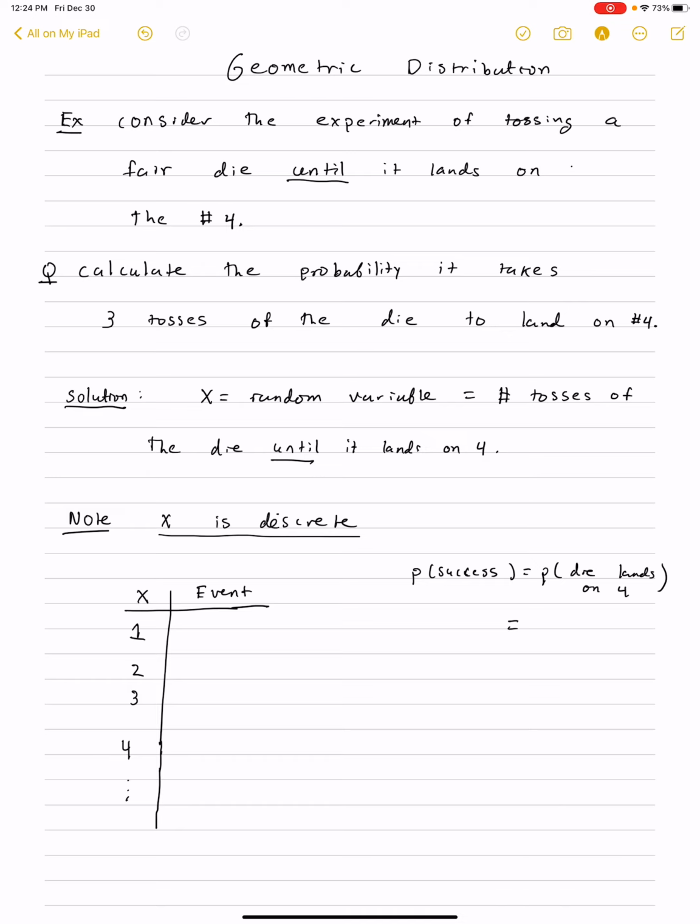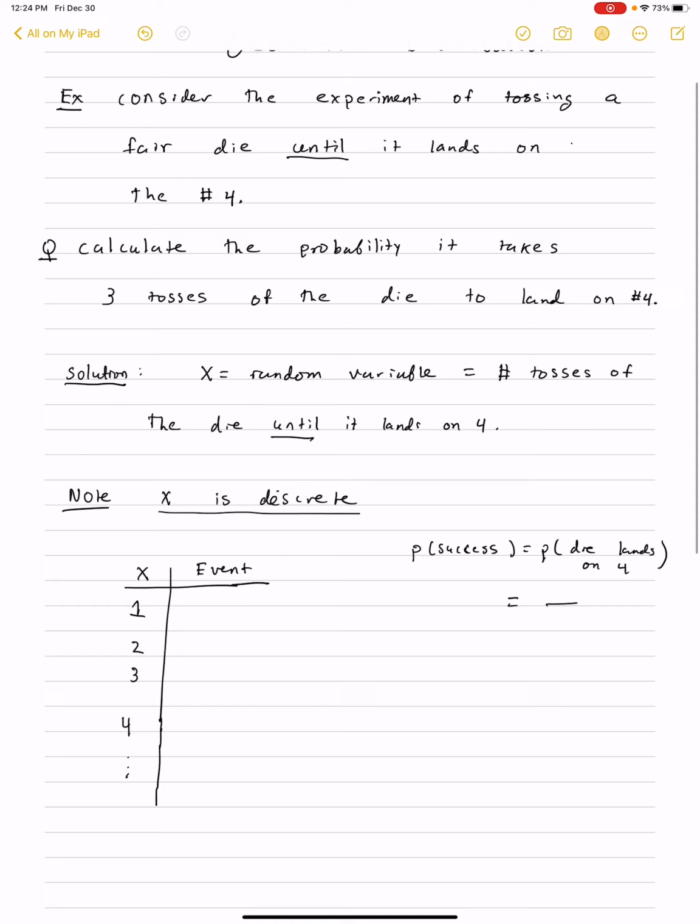This probability of success is given by the theoretical probability. We have 6 outcomes, it's a die, labeled 1 through 6, so the denominator here is 6. Only one of those outcomes is a success, landing on 4. So the probability of success is 1/6.